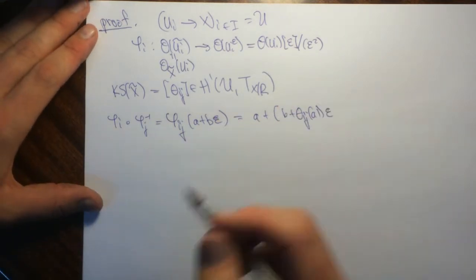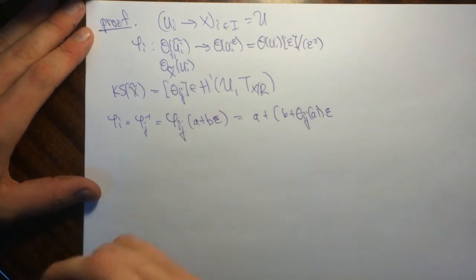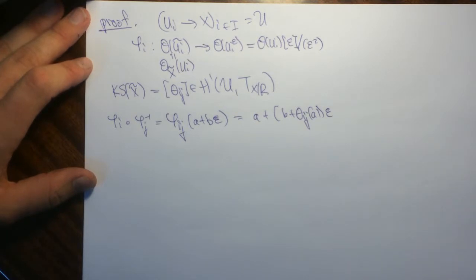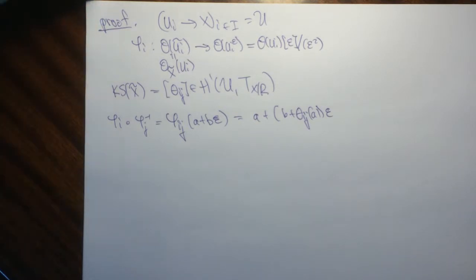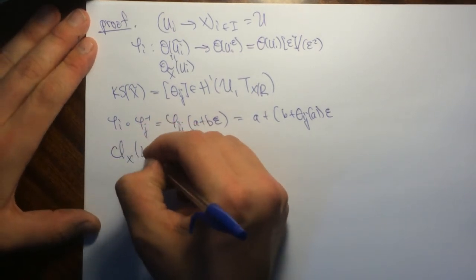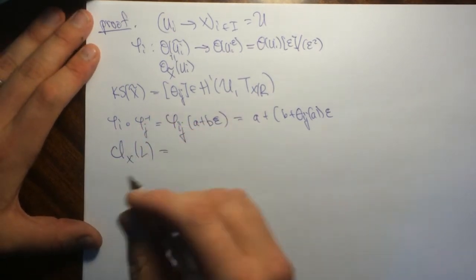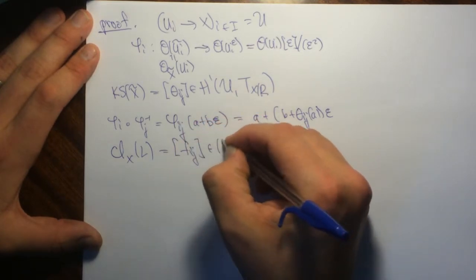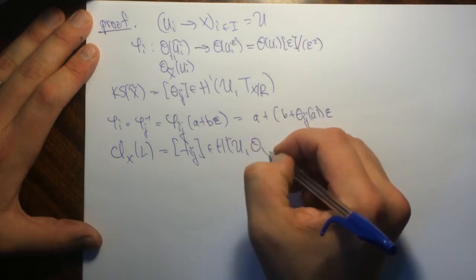Okay, and then I guess we need to recall the definition of the obstruction. And then we need to recall the class for the line bundle, and I did a video on that as well. So let's suppose that the class of this line bundle is equal to F_ij here, and so this will be in H1 of U of O times.